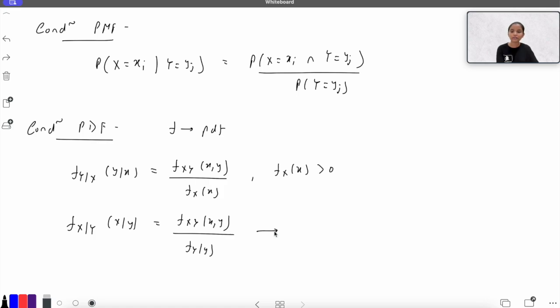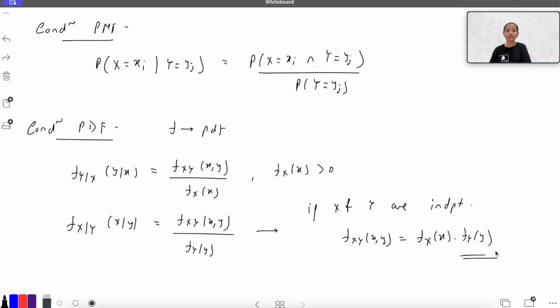Okay, and simultaneously, how would you say that X and Y are independent? If X and Y are independent, then in that case your f_XY(x,y) would be equal to f_X(x) into f_Y(y).